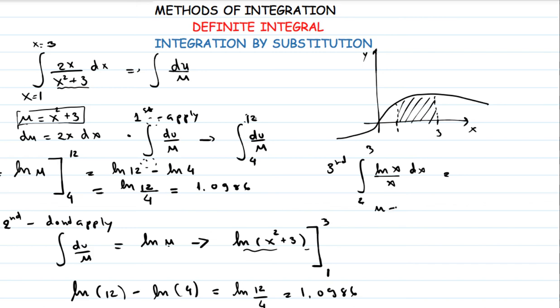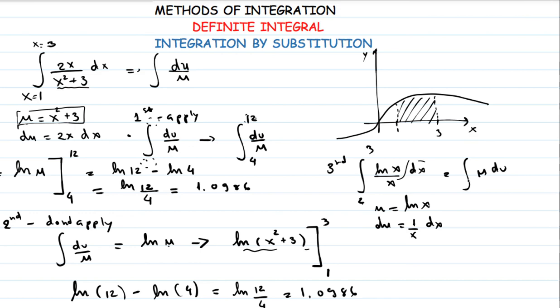So we're going to take u to be natural log of x. Derivative of this is 1 divided by x dx, which is this part here, right? So our function is going to become, in terms of u, this ln x becomes u, and all of this becomes du.